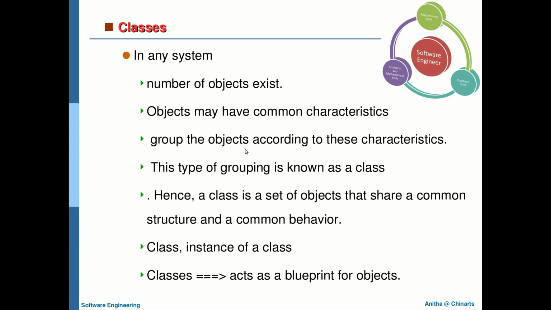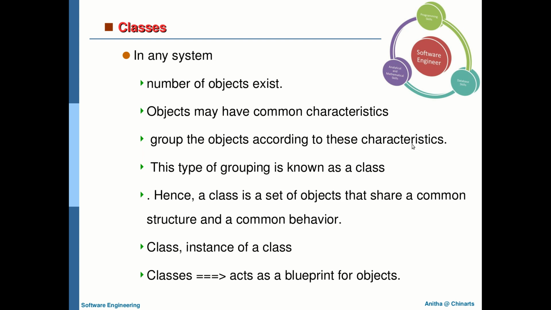You group these objects according to these characteristics, and this type of grouping is what you call a class. When you have objects like students, teachers, accounts, office, non-teaching staff, these objects must be grouped together based on the characteristics.